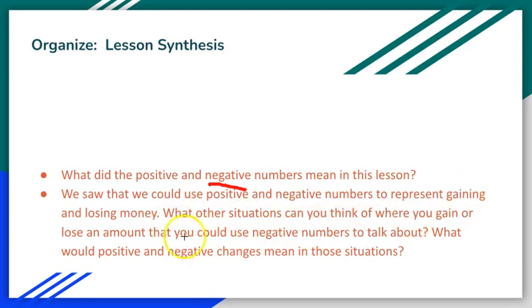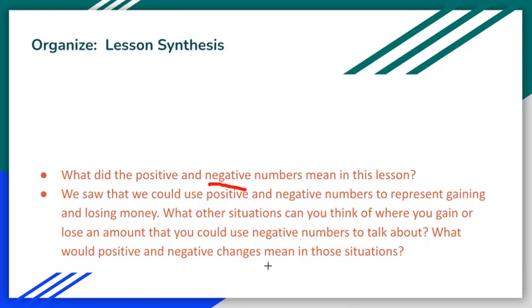What other situations can you think about where you gain or lose an amount that you could use negative numbers to talk about? What would positive and negative mean in those changes?